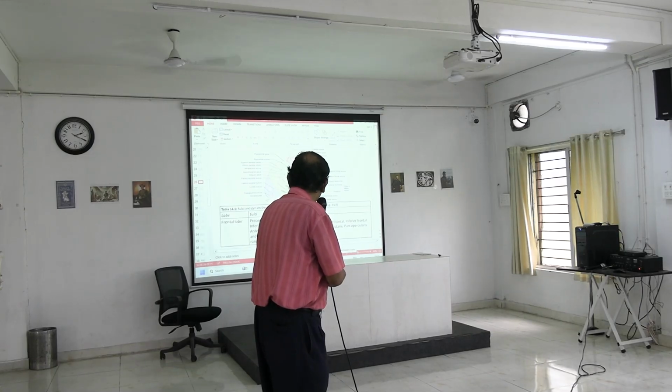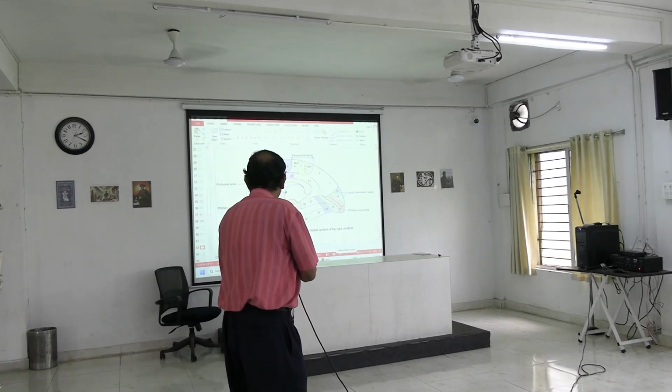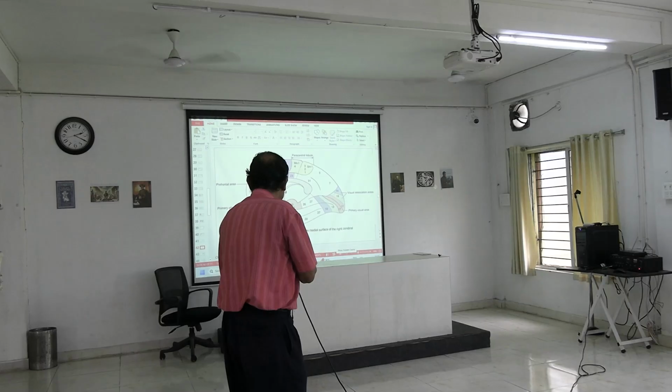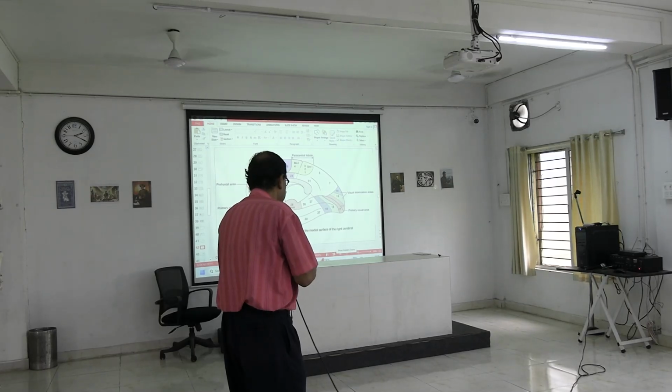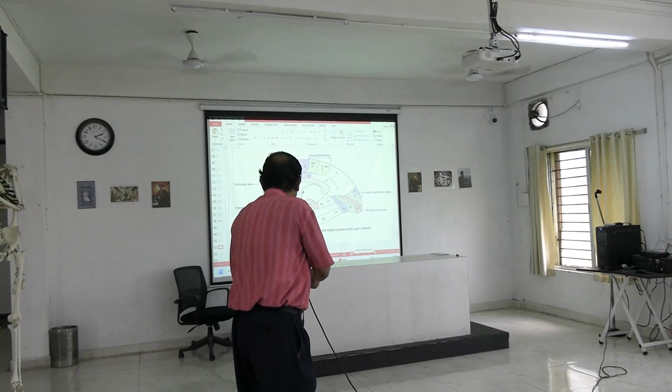And this is the occipital cortex, where we can get the lunate sulcus and calcarine sulcus. Here we can see the lateral one is the occipitotemporal sulcus, and the medial one on the inferior surface is the collateral sulcus.